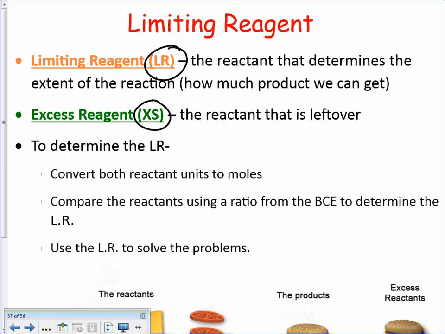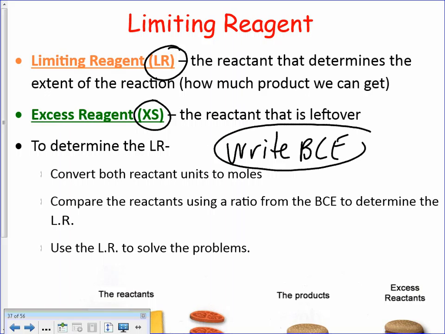So for most of our stuff, the very first thing is write the BCE. You will have already done that because you can see that we're talking about reactants and products. Then our next step is looking at the reactant amounts. Sometimes they're given in grams, and you'll be converting to moles. Sometimes they're already given to you in moles. You're awesome.